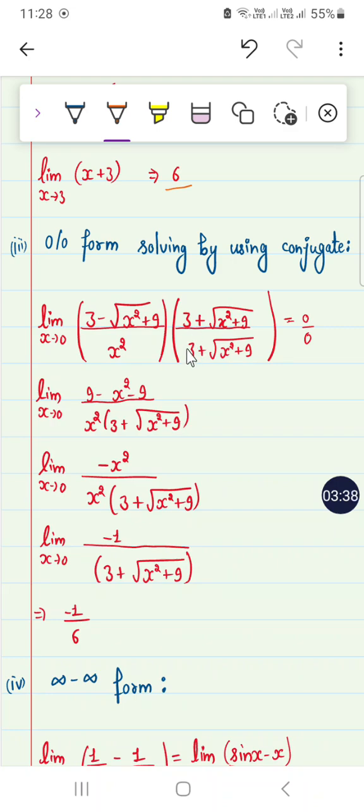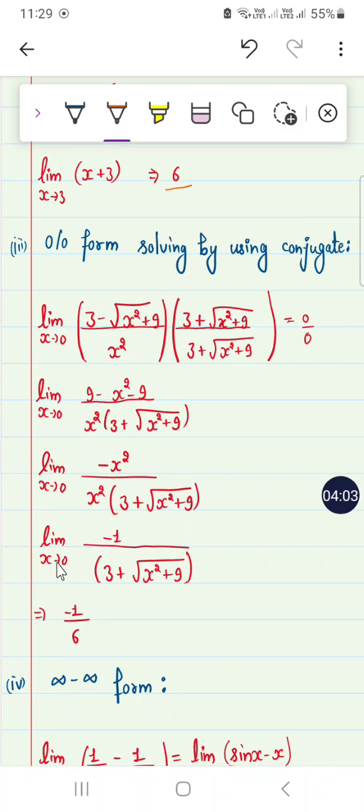So after taking the conjugate, this gives you 9 minus (x square plus 9) upon x square times (3 plus under root x square plus 9), right? So this cancels out, this gives you minus x square upon x square times (3 plus under root x square plus 9). After cancelling out, this gives you minus 1 upon (3 plus under root x square plus 9), right?